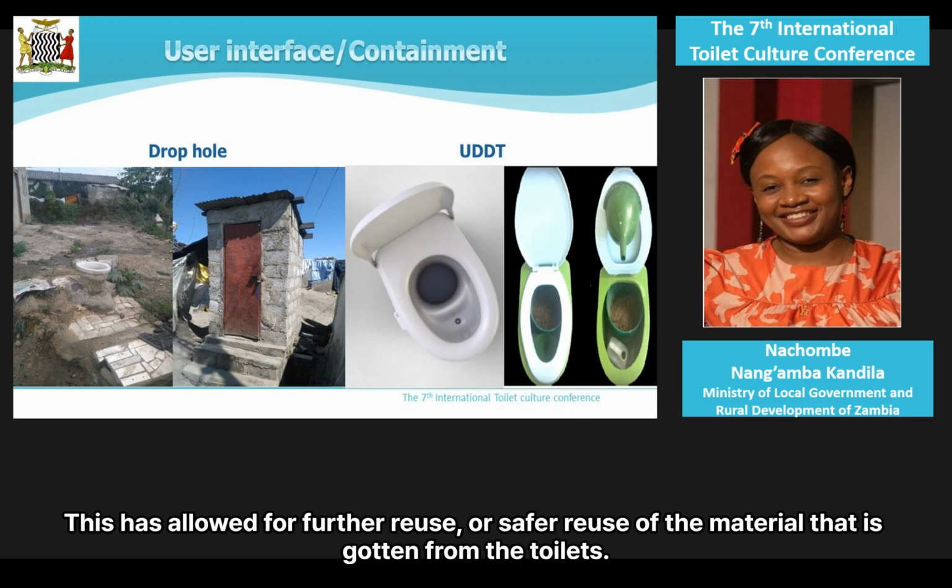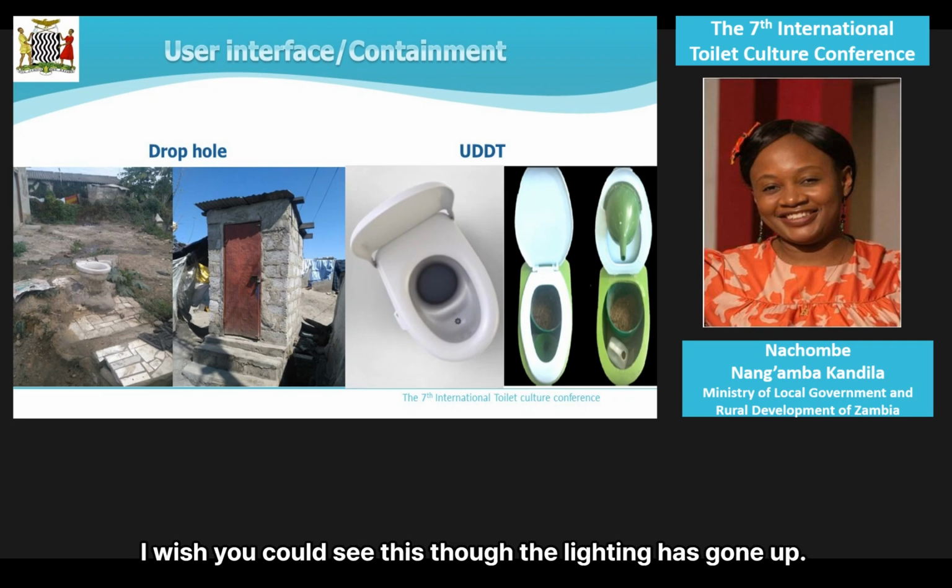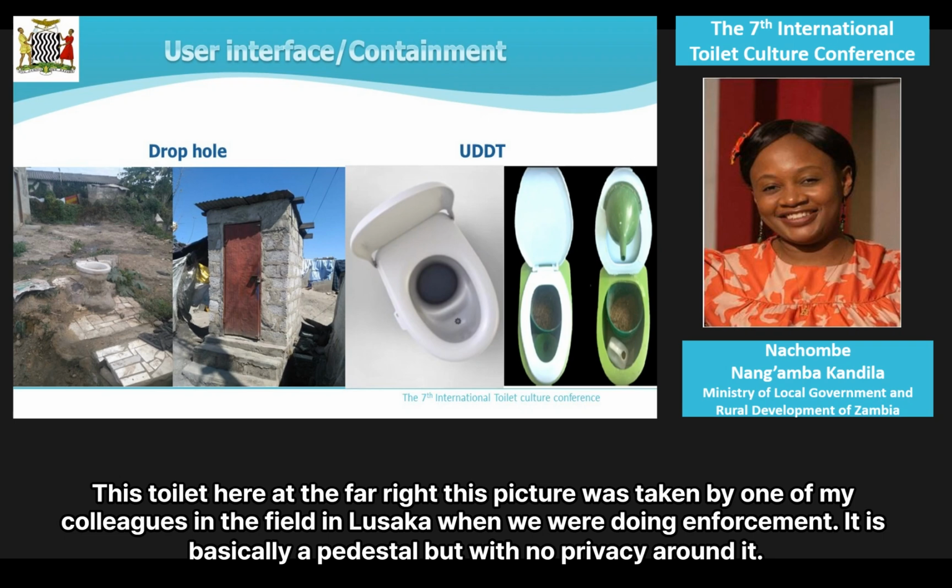Back to the same slide. I wish you could see this, though the lighting has gone up. This toilet at the far right, this picture was taken by one of my colleagues in the field in Lusaka when we were doing enforcement. It's basically a pedestal, but with no privacy around it.